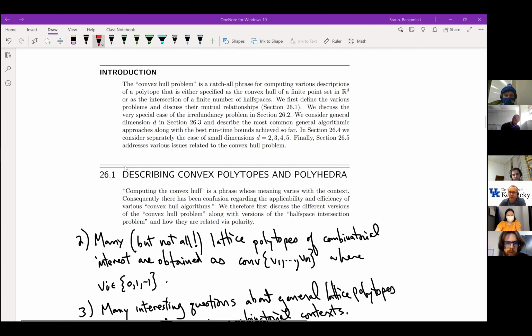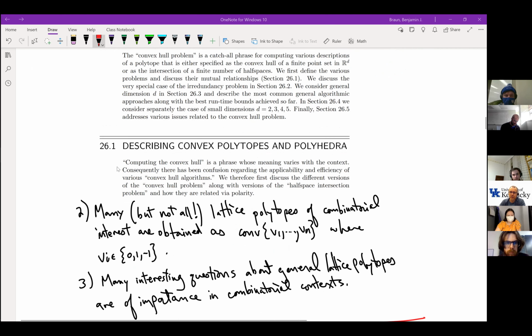And then the very first thing past the introduction is: computing the convex hull is a phrase whose meaning varies with the context. Consequently, there has been confusion regarding the applicability and efficiency of various convex hull algorithms. So whenever somebody says, oh, just compute the convex hull, what they mean can differ in different contexts.